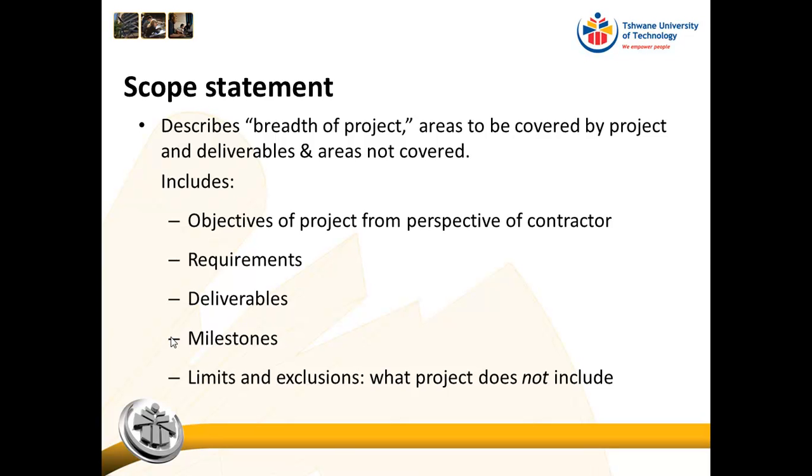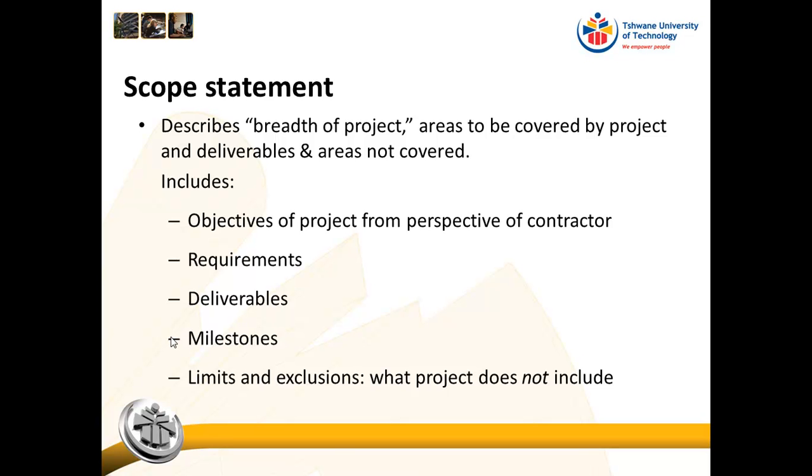And sometimes at milestones we actually even stop projects, because sometimes at a certain milestone we find out that either what we're trying to do with the project is impossible, or what we're trying to do with the project is no longer necessary. So that's why we have milestones.